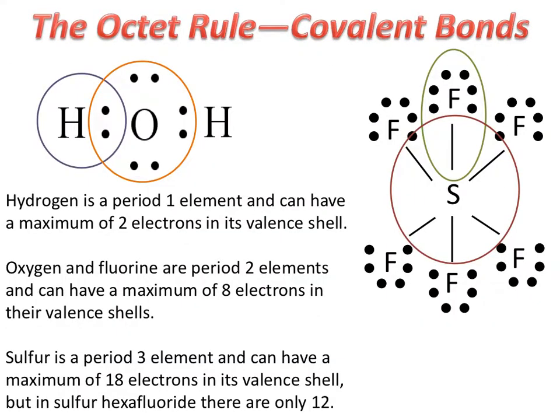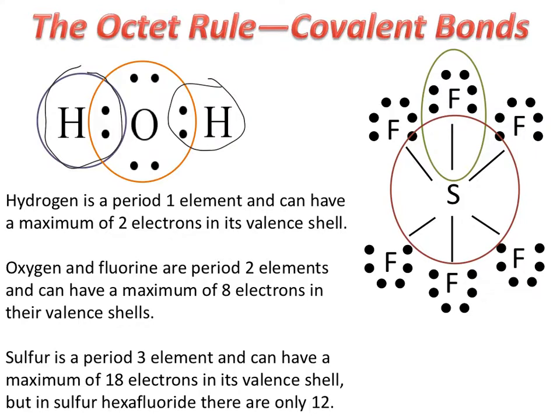Using the information from the previous slide, in covalent bonds, the octet rule is useful most of the time for elements in periods 1 and 2 as indicated. Looking at water here, hydrogen is a period 1 element and can have a maximum of 2 electrons in its bond, and as you can see here on the left and on the right, if we circle hydrogen, there are 2 electrons in its outer shell as a result of sharing with the oxygen.